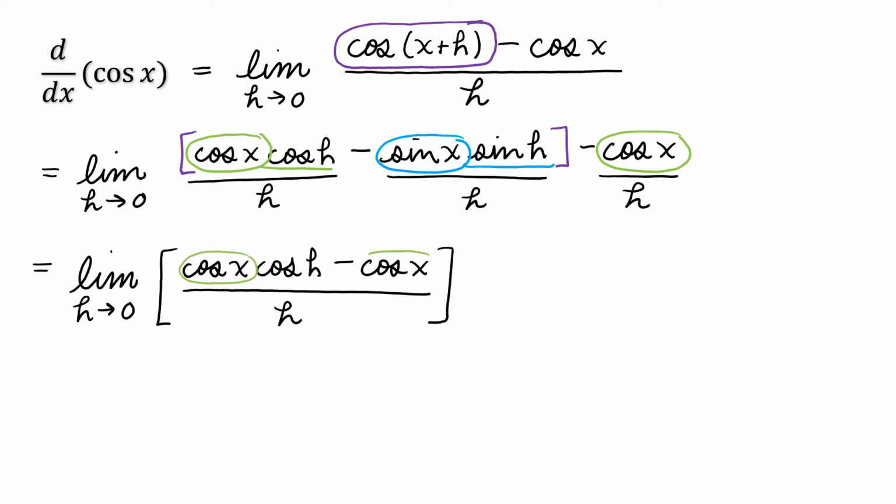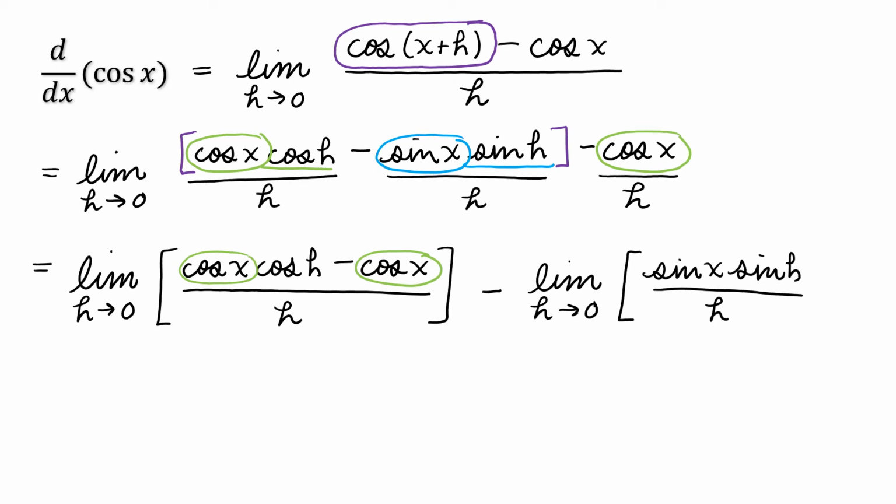So that's our cosine of x's, minus the limit as h approaches 0 of sine of x, sine of h over h. So that's my term that had this sine of x.